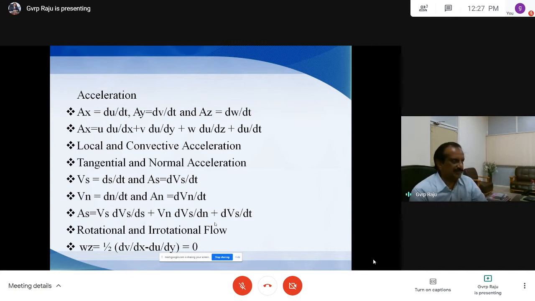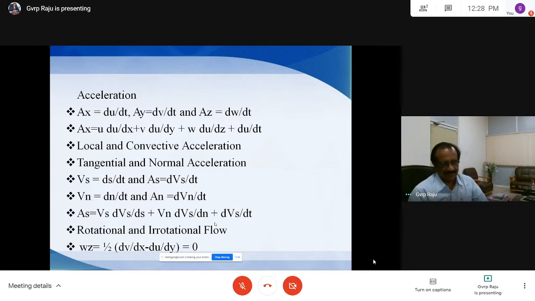When the fluid particles do not rotate about their mass center, we can say it is irrotational flow.